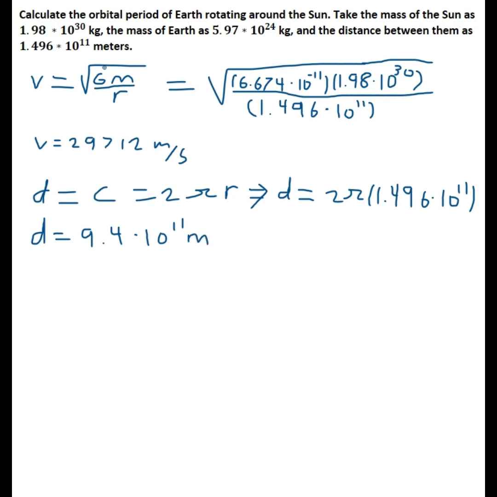Then the time for one period will just be the distance divided by the velocity, because the distance that it travels in this case will be one full rotation.